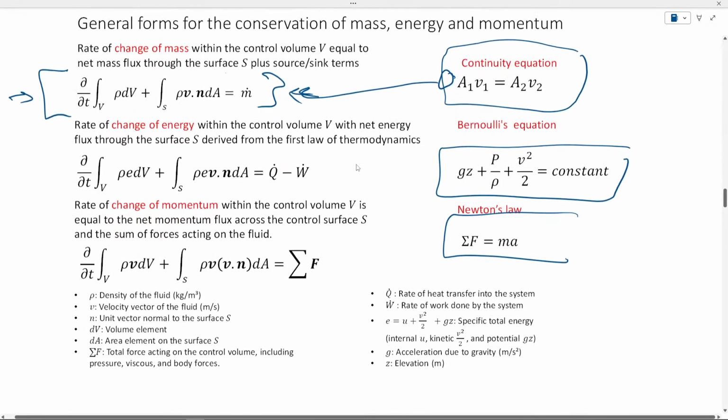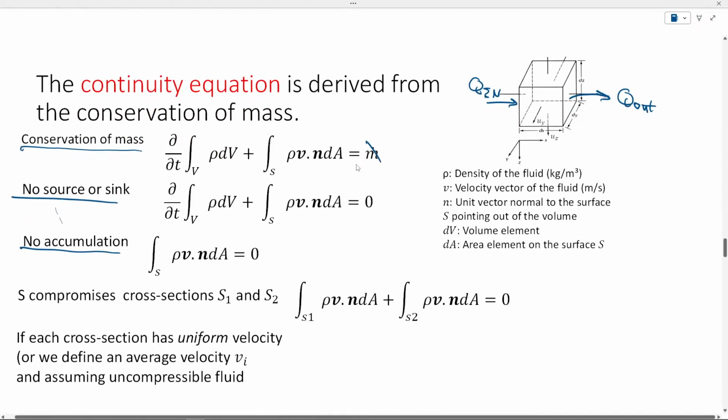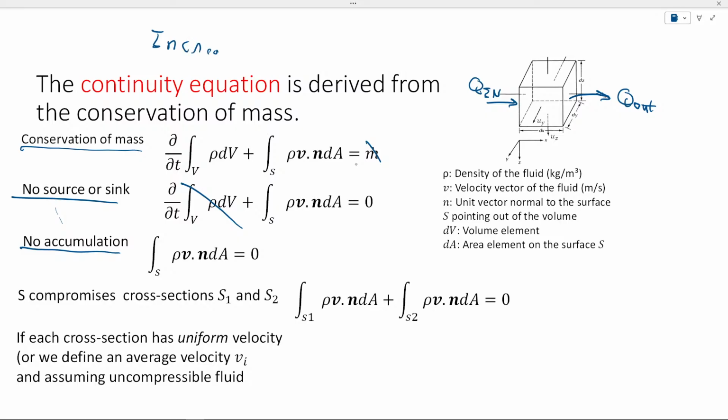So let's come here again to where we are. Here, there is no change of volume. No accumulation means this term is equal to 0.